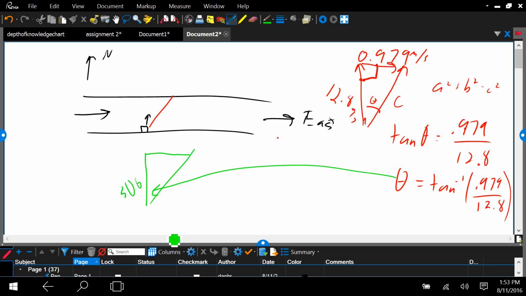That has to be true because if it's traveling at 12.8 meters per second straight across, then every second it's going to cover the same number of meters toward the north. And the river is going to blow it the same number of meters toward the south. So this is the trajectory of its velocities, and this is showing its actual path it takes. But both the green and the red, one being velocities, one being displacements, they're going to have the exact same angles in those two triangles. So by finding the angle in the red triangle, I found the angle in the green.